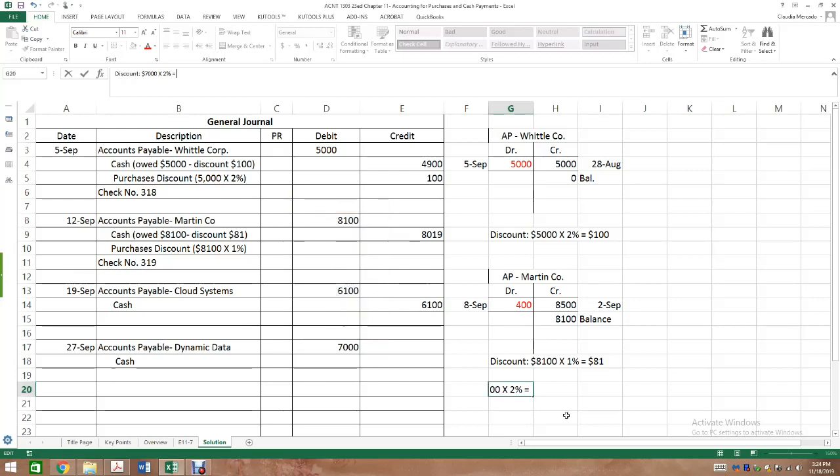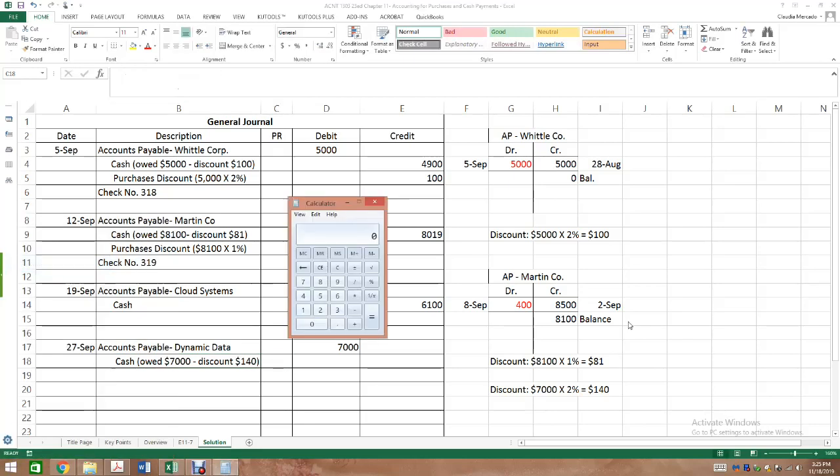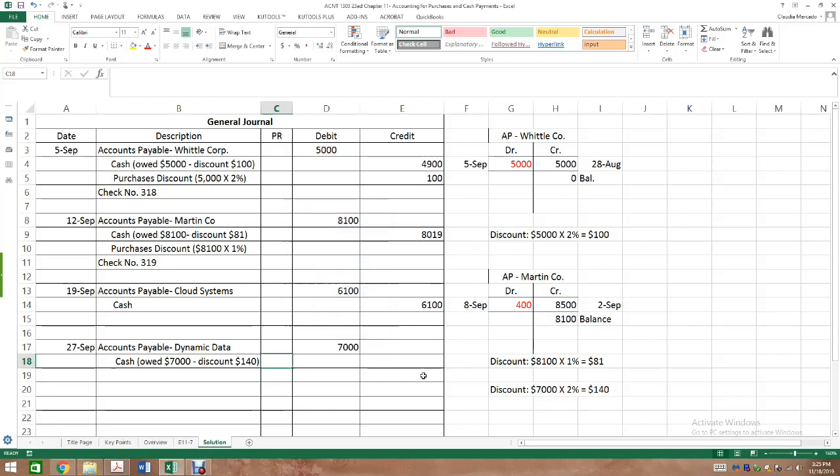That's $140 discount that I'm getting because I'm paying within the discount term. So I am saving $140. So I owed $7,000 minus the discount of $140. So I am going to pay $6,860.